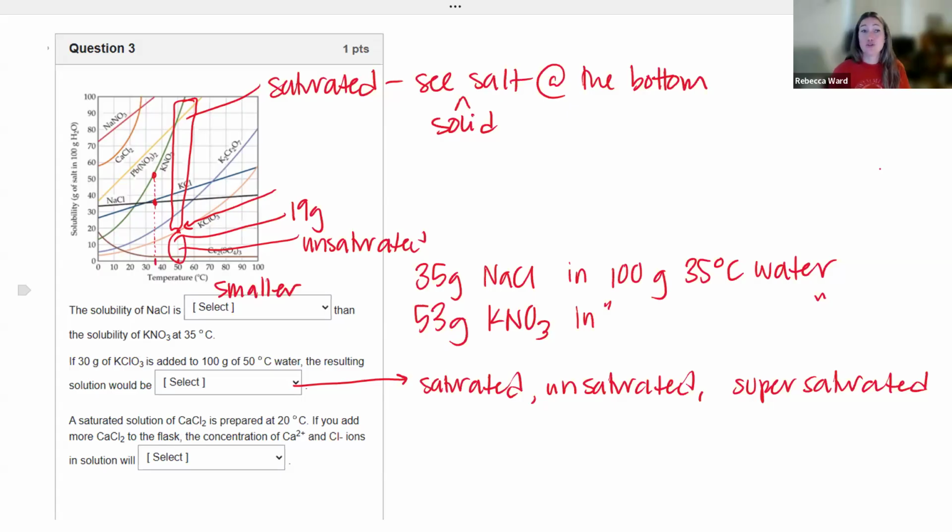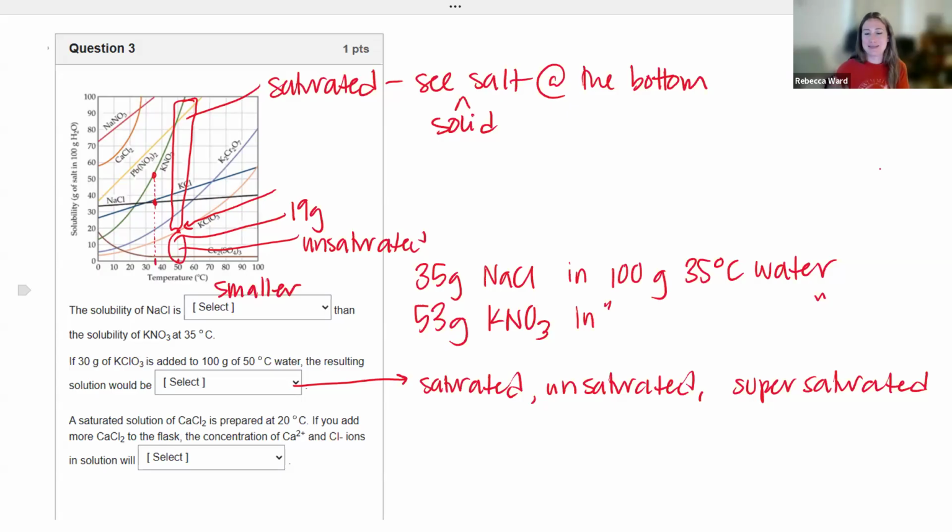I know that this is not supersaturated because I have not done anything crazy like tell you, hey, I heated this solution up to 100 degrees Celsius and then I slowly, carefully let it cool down and didn't disrupt it. You have to do something special to make it supersaturated. Just because I've added more doesn't mean that that extra salt has been dissolved into solution.